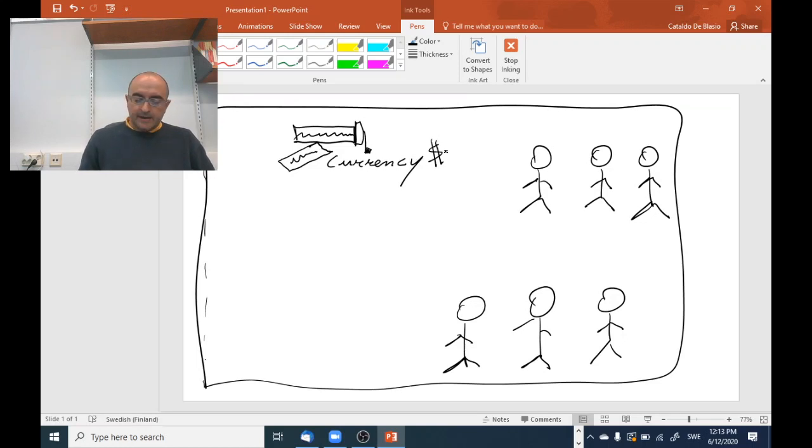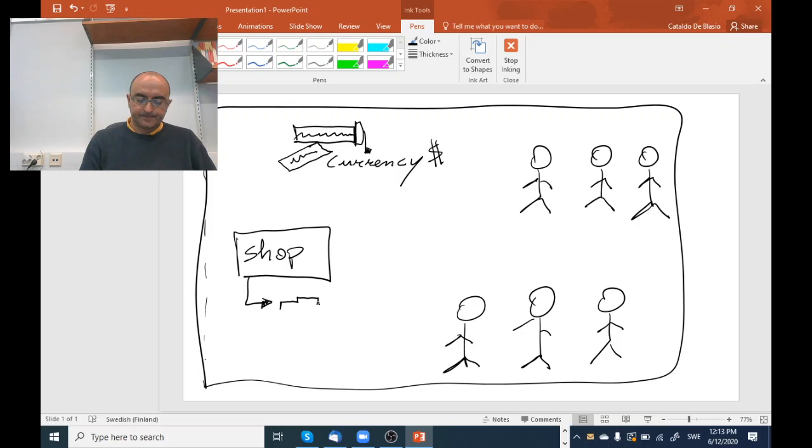Okay, and then in our village we have a shop, and we assume that the shop in this case only sells cars. So this is a car shop.